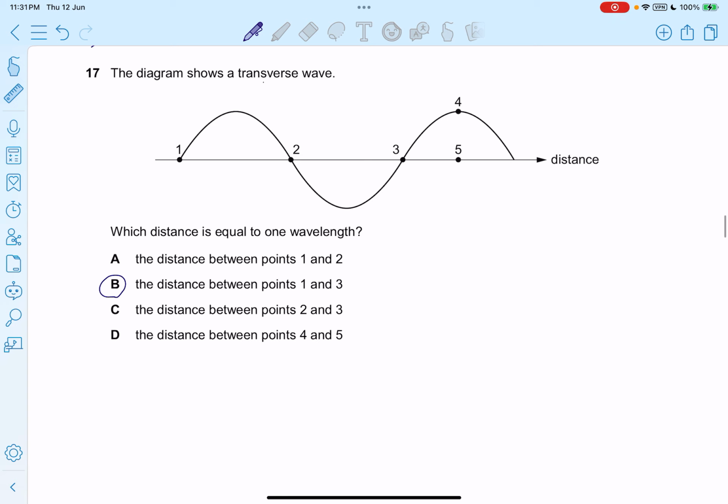17. The diagram shows a transverse wave. Which distance is equal to one wavelength?